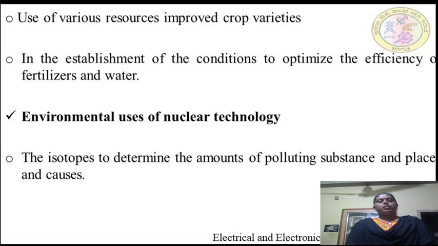The next application is environmental uses of nuclear technology. In the environment, the isotopes of nuclear are used to determine the amounts of polluting substances, their places and their causes. So to determine the environmental polluting substances and the places, this nuclear technology is used.